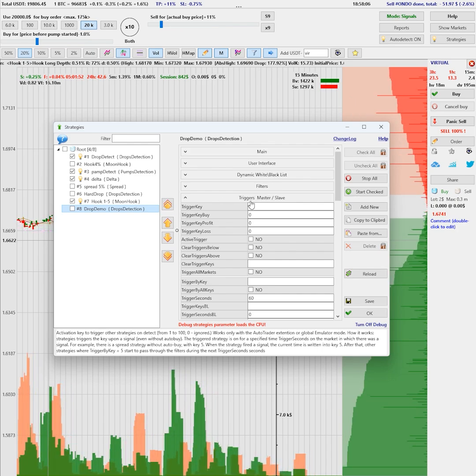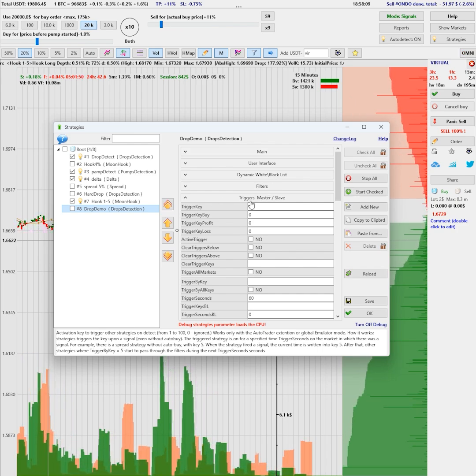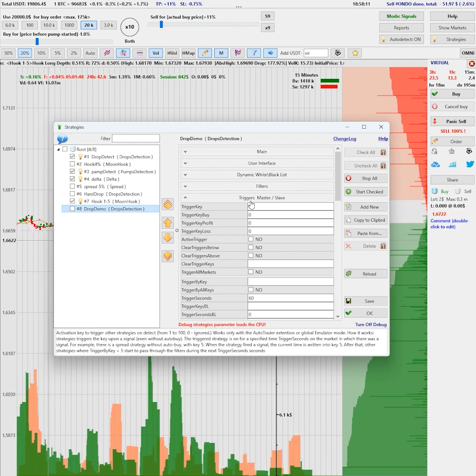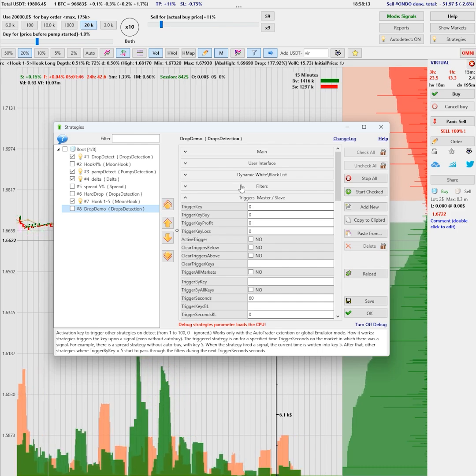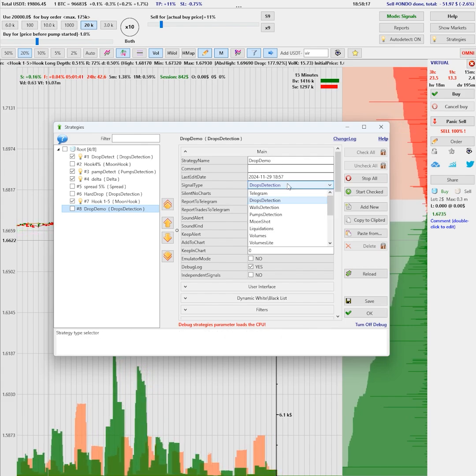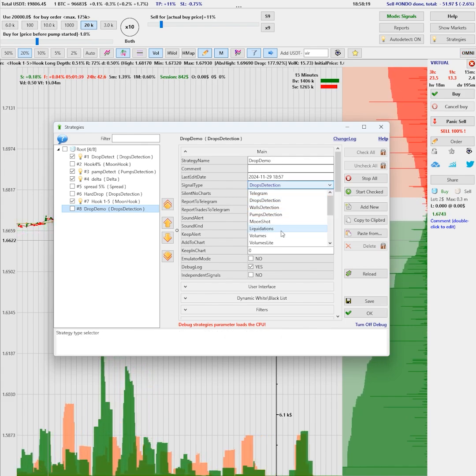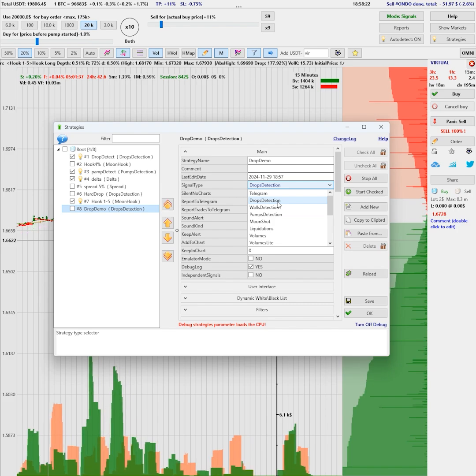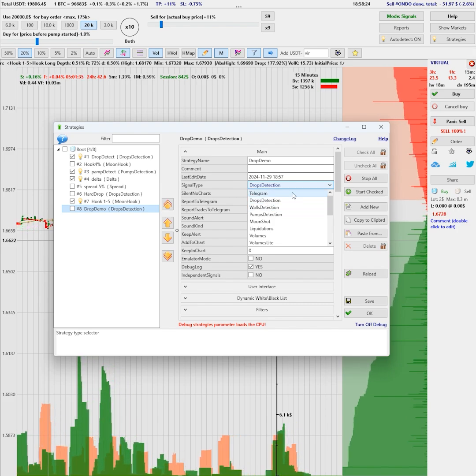The triggers are what allow you to do the combination between different strategies. For example, you can say, I'm going to build a strategy called, let's say, drops detection.